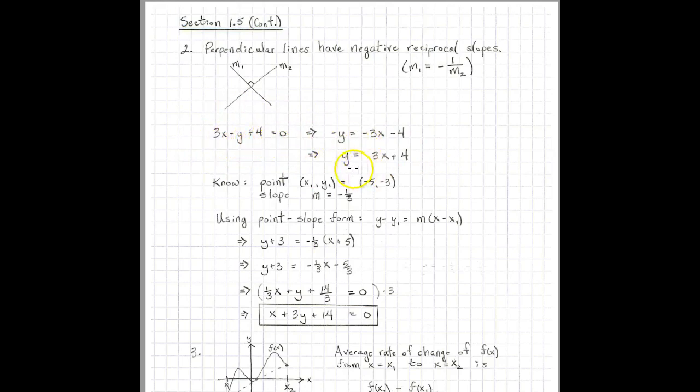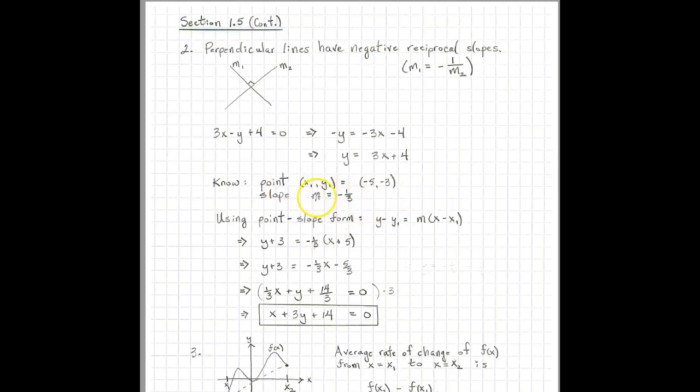We solve that for y to get y equals 3x plus 4. What do we know? We want to construct the equation of the line which has the point (-5, -3), so that's our x1, y1. And we want a slope that puts it perpendicular to this line. Since this line has a slope of 3, -1 over 3 would be -1/3. So the slope we want for the line we're constructing is -1/3.